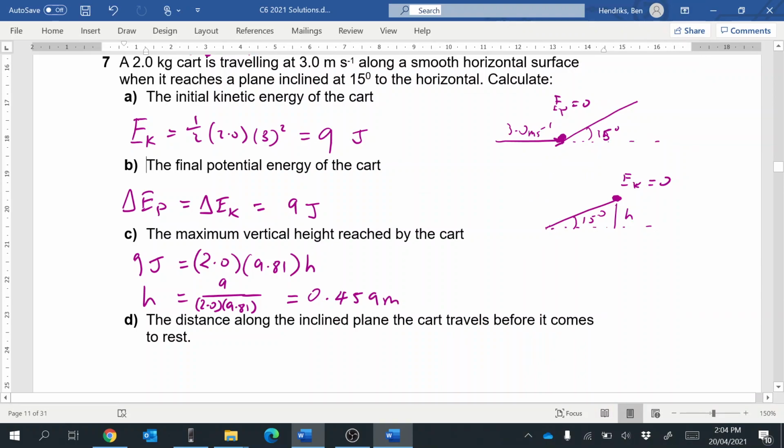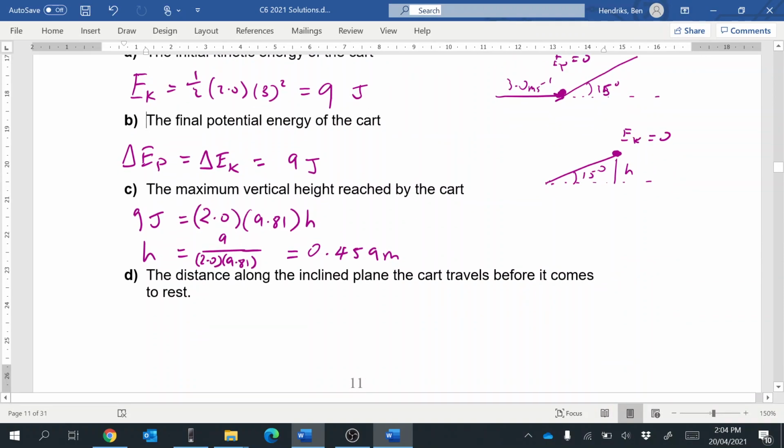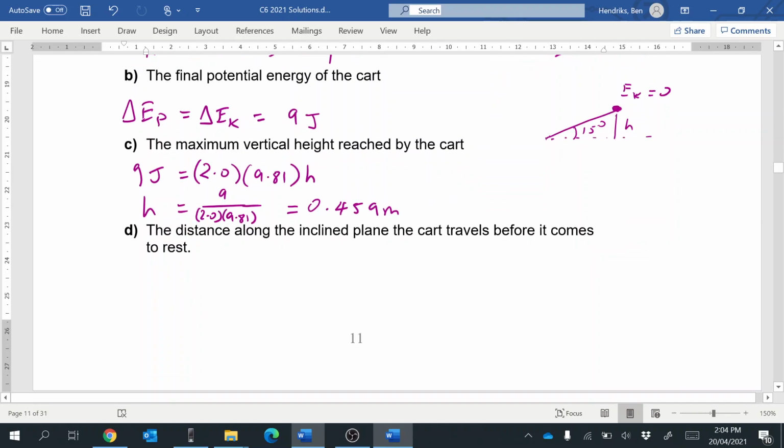The distance along the inclined plane the cart travels before it comes to rest. So if this is 0.459, and this is S along there, then we have here the opposite and the hypotenuse. We're looking for the hypotenuse.